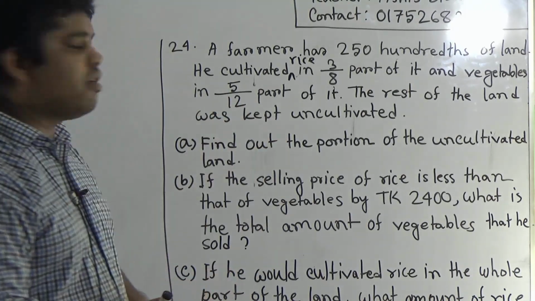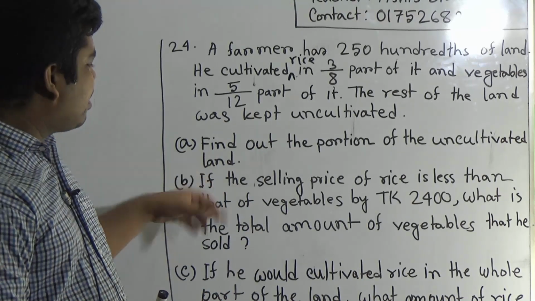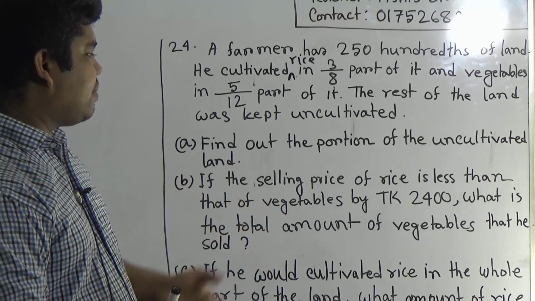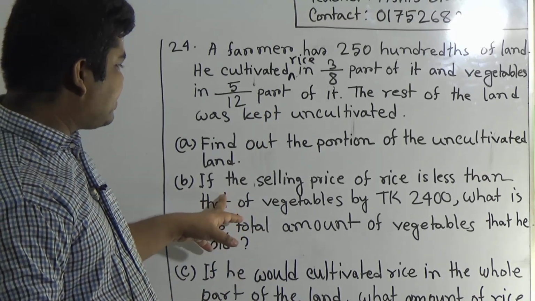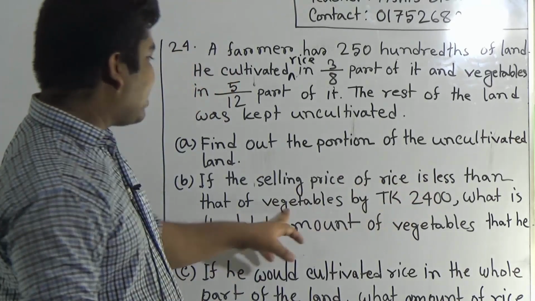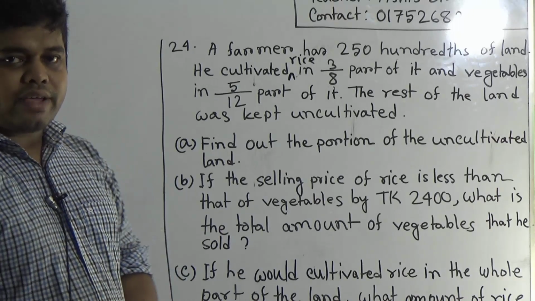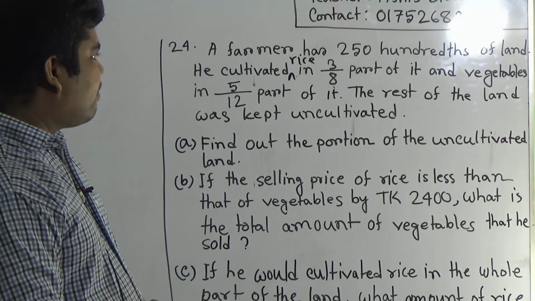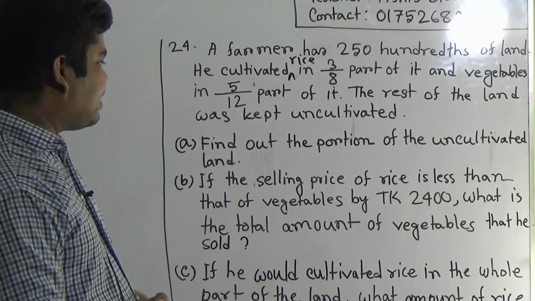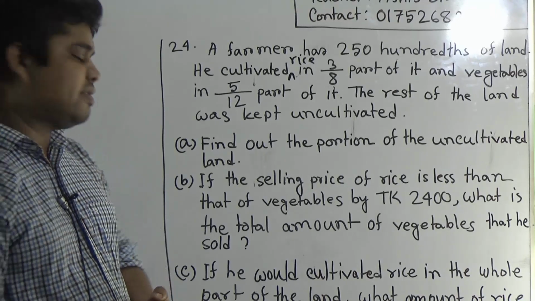We have already converted it into hundredths in question A. So we find out the price of those hundredths of vegetables. Notice the selling price of rice is less than that of vegetables. That means he produced more vegetables than rice. So first of all we find out what amount of extra vegetables he had. After that we use the unitary method to find the answer.